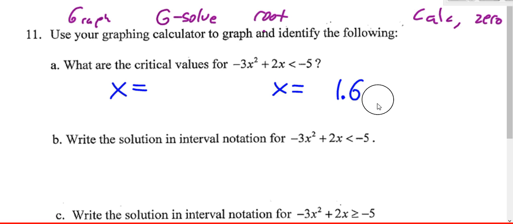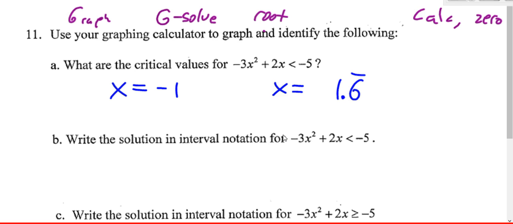Negative 1, positive 1.6 repeating from your calculator. You could write that as a fraction also, 5/3. Doesn't matter. So writing the solution, all we need to know is, does this graph open up or down?